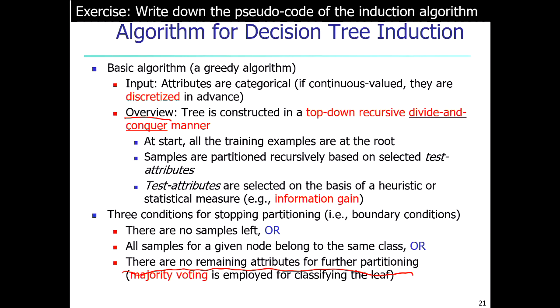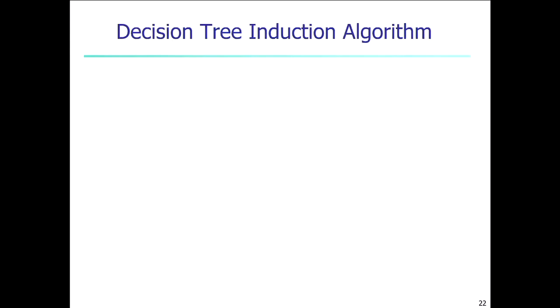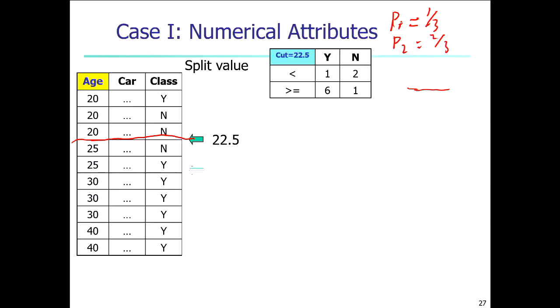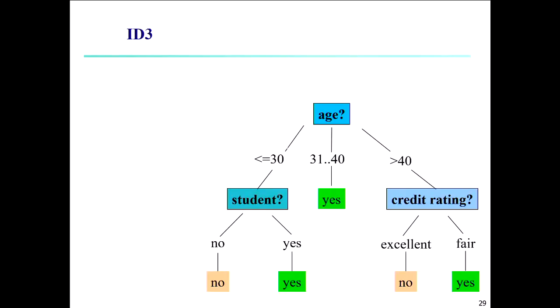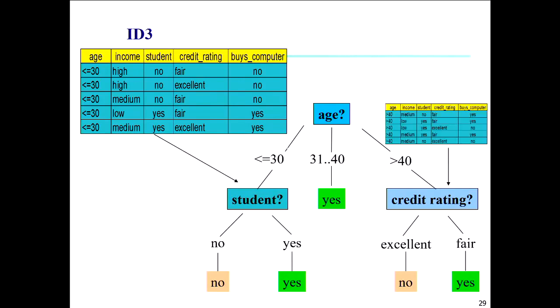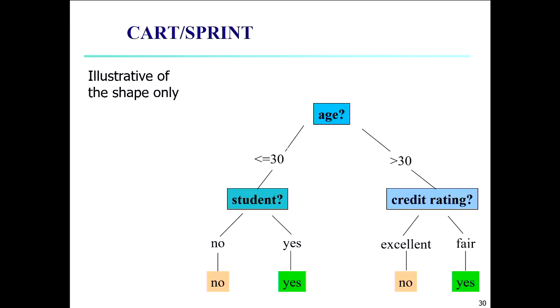But for CART, you need to carefully define what the remaining attributes are. And also, since CART uses the Gini index, you always do the binary split. So CART would be a binary tree.